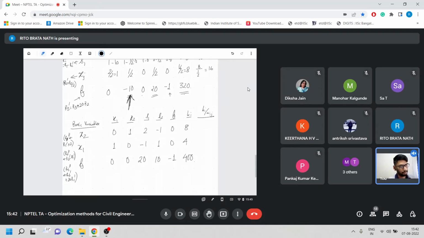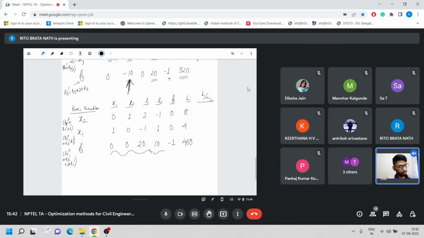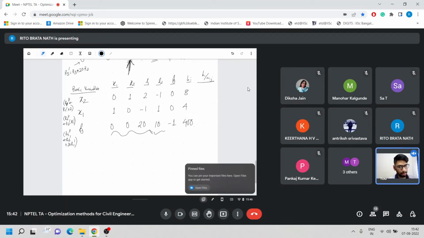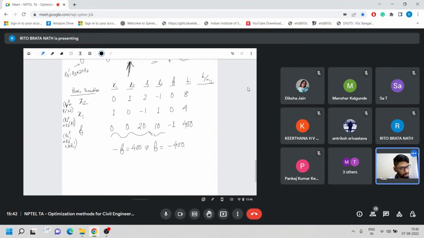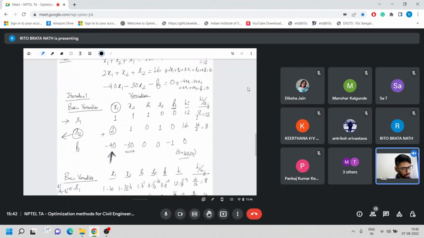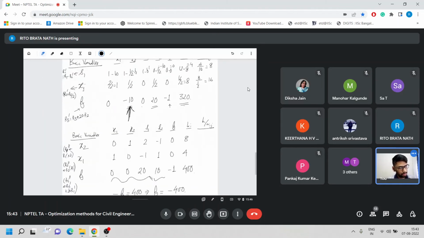So here, none of the coefficients that appear comes out to be negative. So from your final row you can get minus f equals 400. So your f is minus 400, but you had changed it into a minimization problem. So for the maximization problem, what we will have is 40x1 plus 30x2.